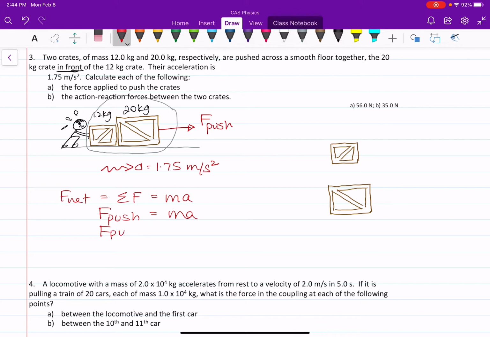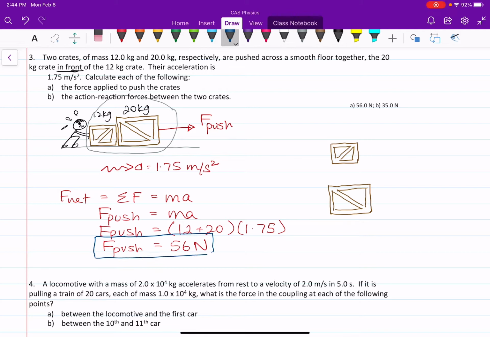That can be found using the combined mass, which is 12 plus 20 kilograms, and then the acceleration, which we're told to be 1.75. So when we put all that together, we find the force of the push must equal 56 newtons in order for that to make sense. So that is the first part, part A, and we figured it out by treating the two blocks as if they're one block.